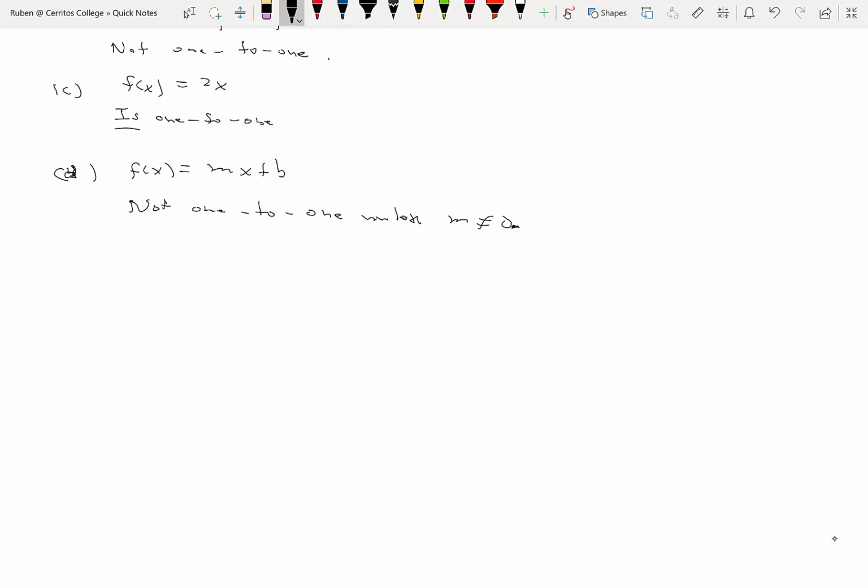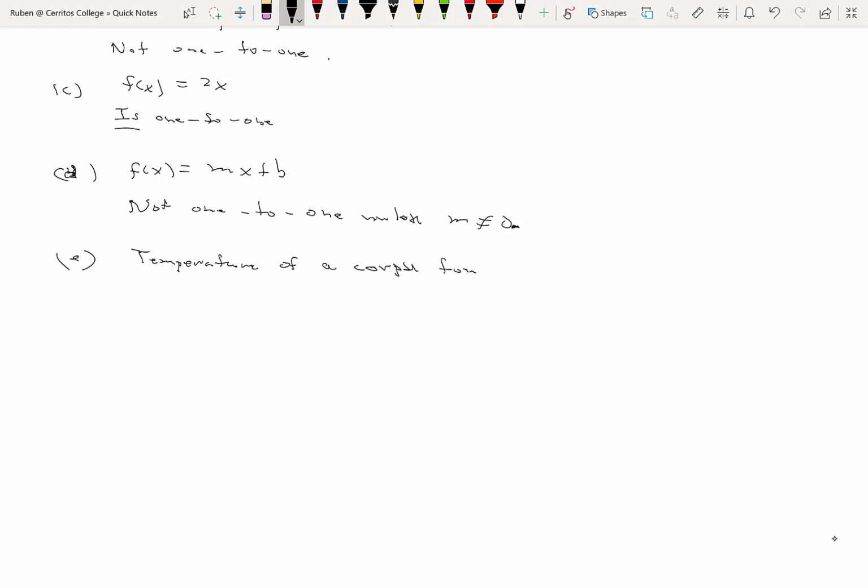Okay. Here's another example. This is a course for science majors, so here's a science type question. The question is whether the function is a 1 to 1 function. The temperature of a dead body, a corpse.